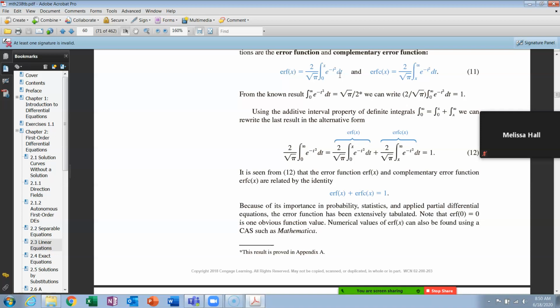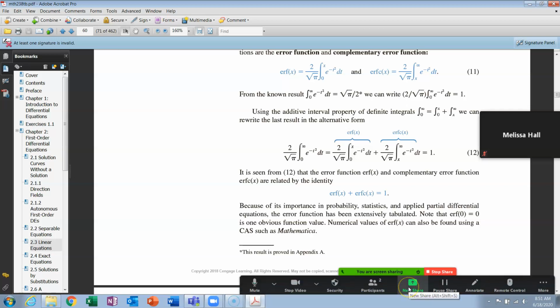We don't have any limits on it, so that makes this a little awkward, but we know this integral here, just put x's in the place and leave off the limits, is equal to the square root of pi over 2 times the error function. That's all we have to put, except we already got a 2 in front. So it's just square root of pi times the error function, because remember we have that 2 in front of our integral.